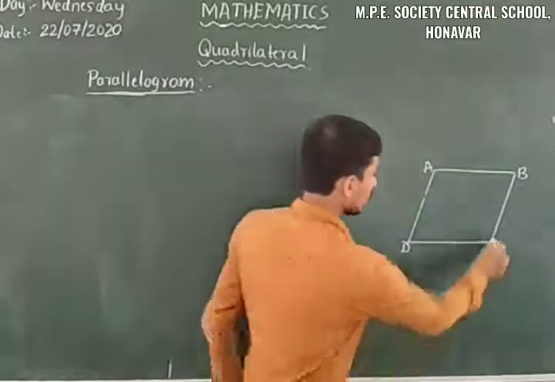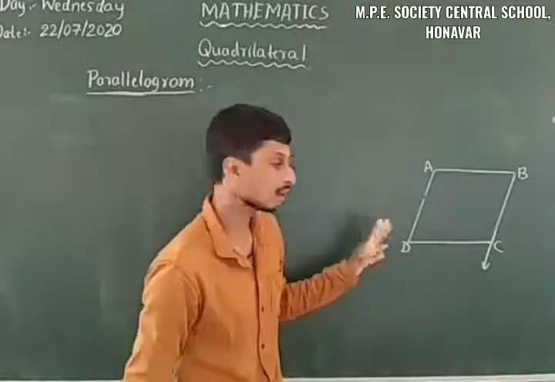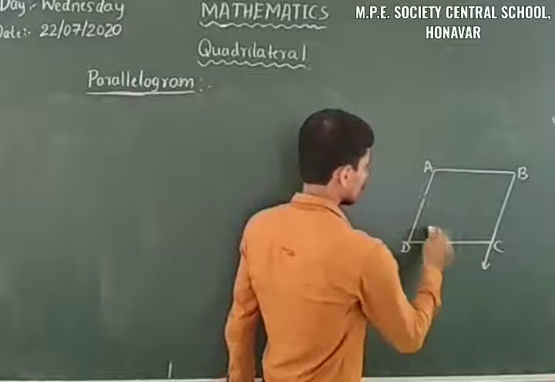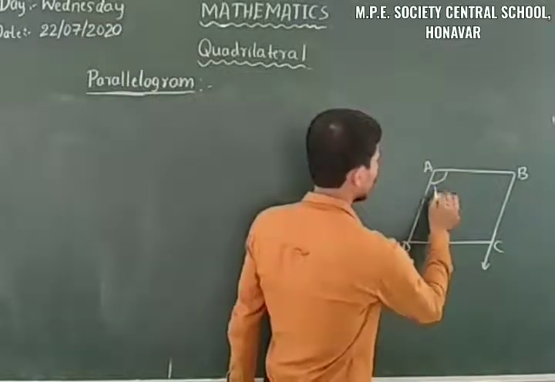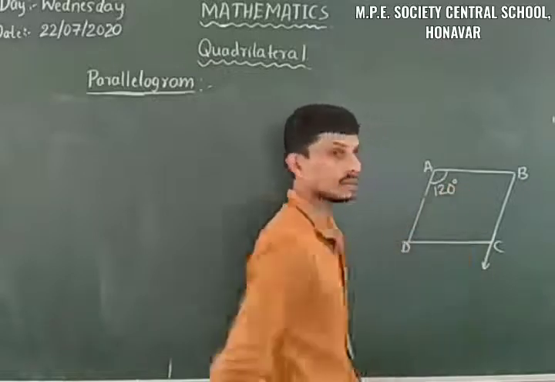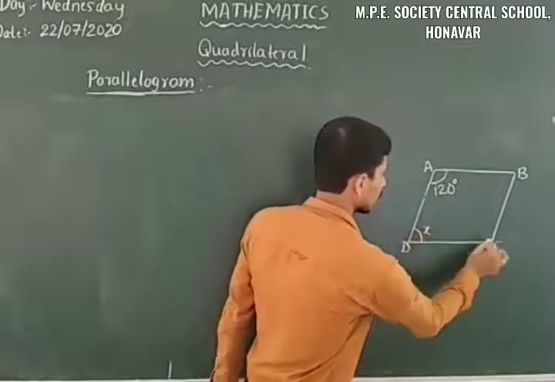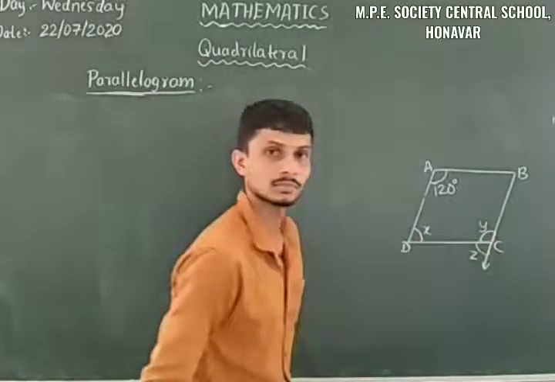Here I will extend this part. So let us draw this parallelogram ABCD, and I will consider angle A as 120 degrees. What you have to find is the value of x, the value of y, and the value of z.